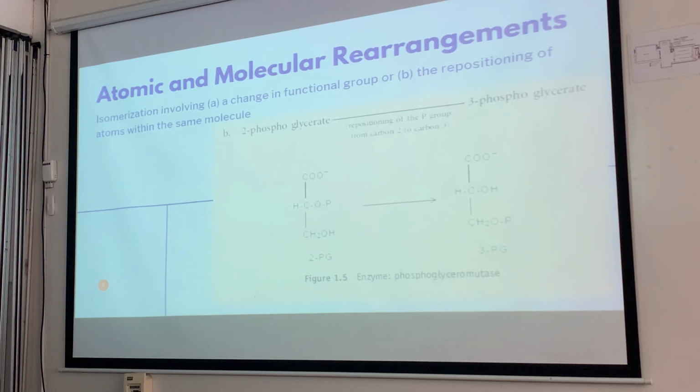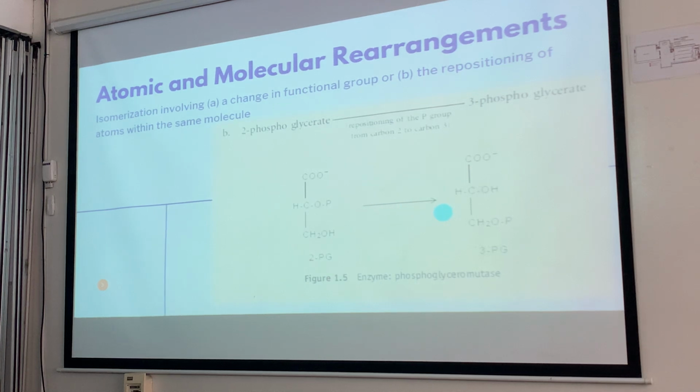Next type, repositioning within the same molecule. So this one here, 2-phosphoglycerate, there is repositioning of the phosphate group. It's in carbon 2, then it becomes 3-phosphoglycerate. 2-phospho means the phosphorus is found in carbon 2.